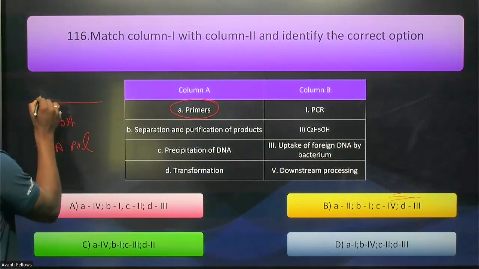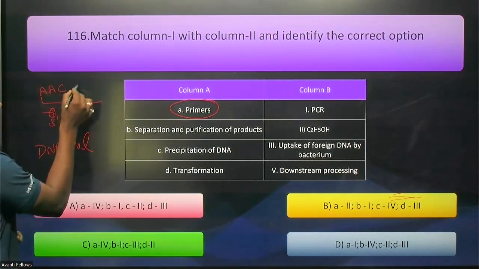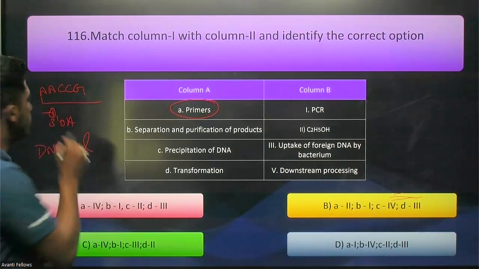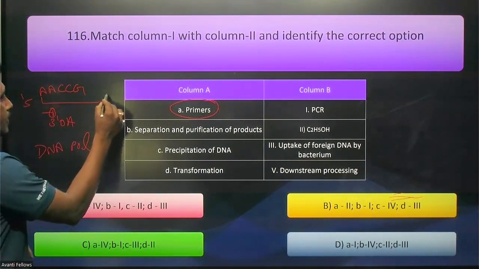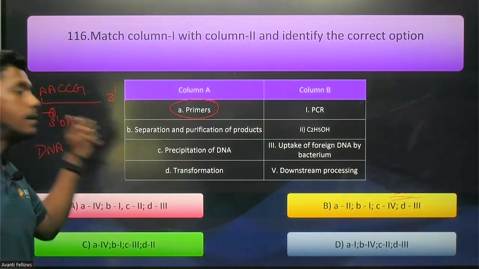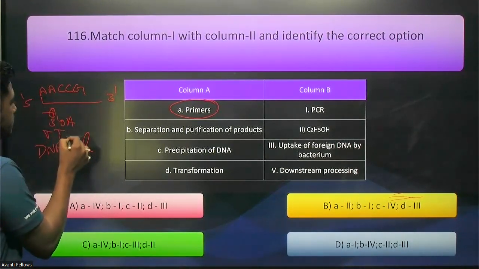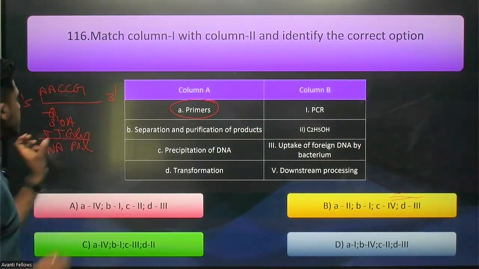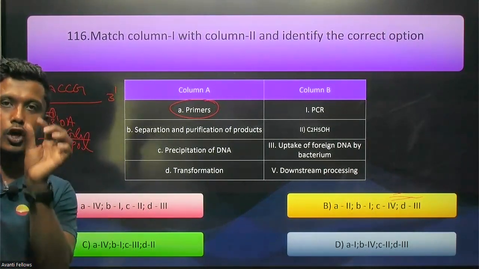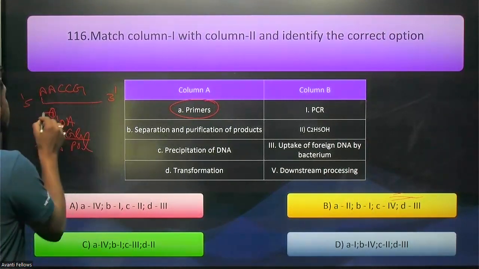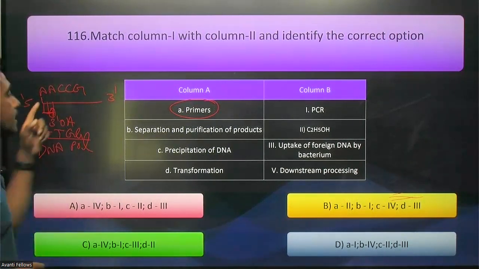Through these short primers. What are these primers? If my parent strand is 5' AACCG 3', then what will be my primer? The primer will be ATTGG. Let us take that TTGG is a short sequence that is complementary to the parental DNA.